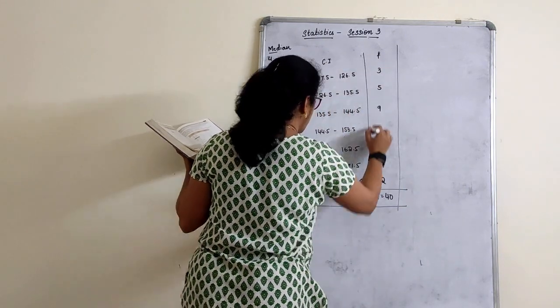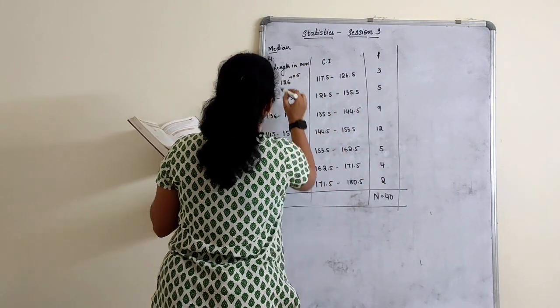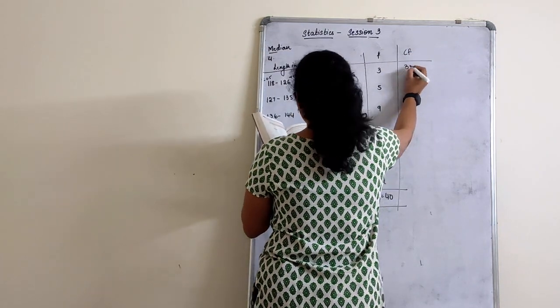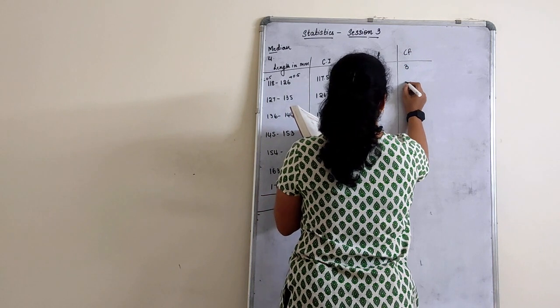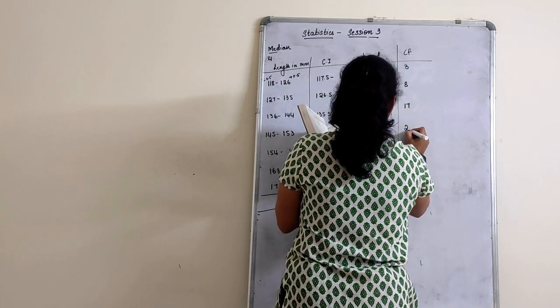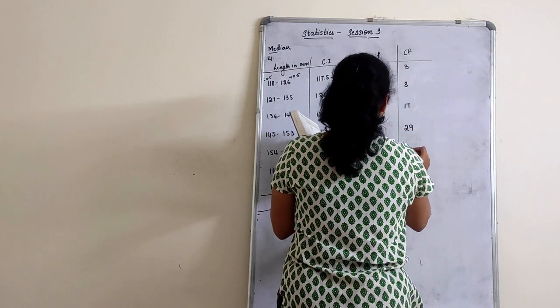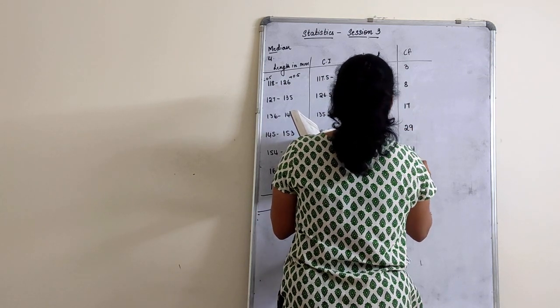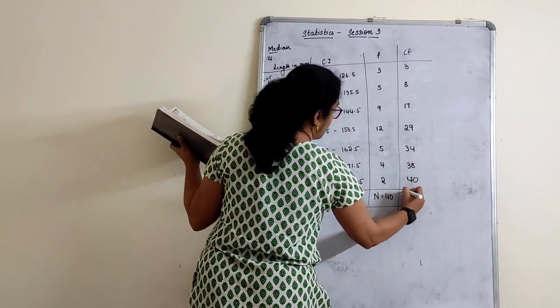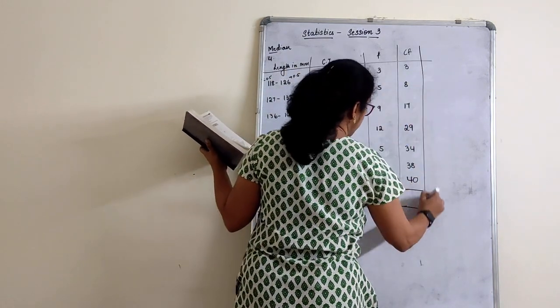Next column, we are supposed to find the cumulative frequencies, CF. How? First is 3. 3 plus 5, 8. 8 plus 9, 17. 17 plus 12, 29. Plus 5, 34. Plus 4, 38. 38 plus 2, 40. Got it? Right answer we got.